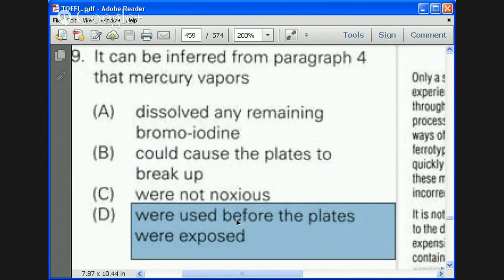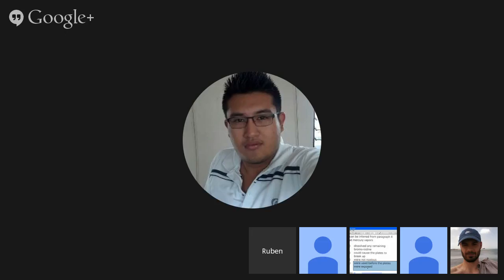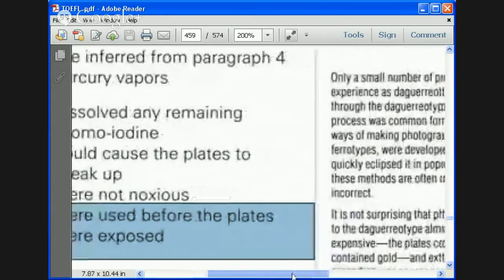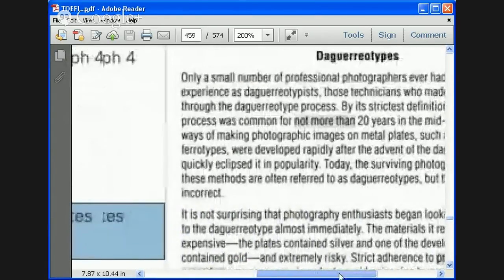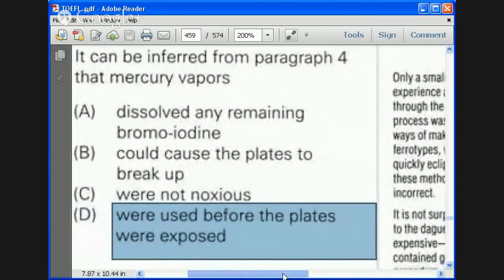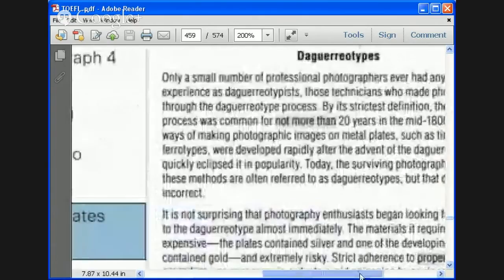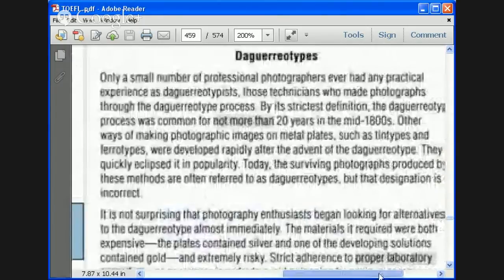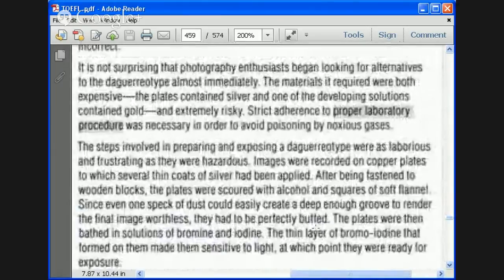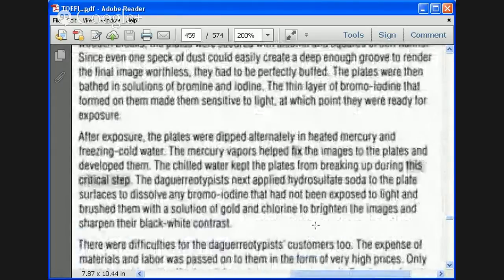Now this is possible. These other ones, I don't really see anything related nearby. The last one looks likely, but I'm going to double check again. I'm going to go back again. Okay. Where is it here? Okay. And they used to develop them.